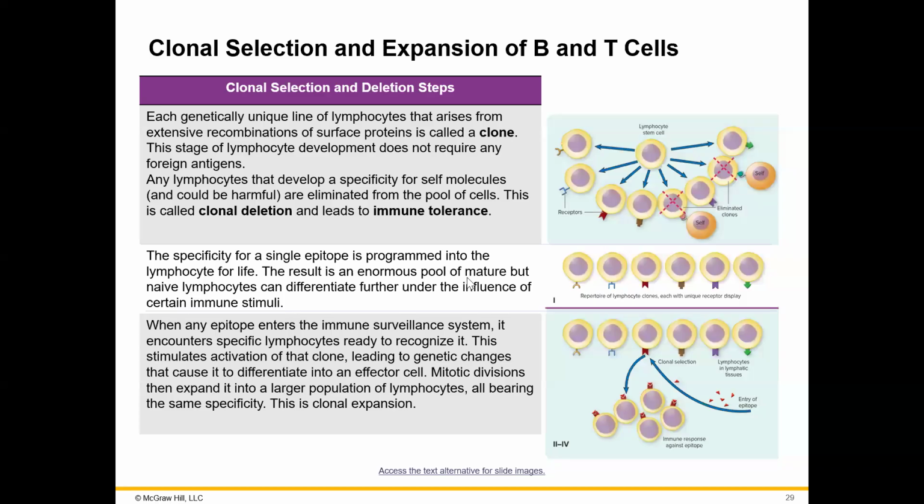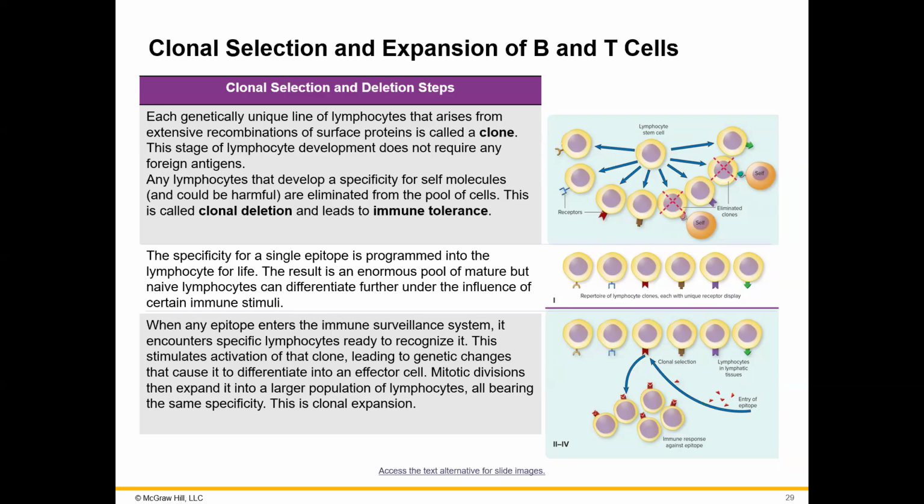So you have an enormous pool of mature but naive lymphocytes, and they could be differentiated further if there are certain immune stimuli. But when any epitope enters into the immune surveillance system, it's going to encounter specific lymphocytes that are ready to recognize it.